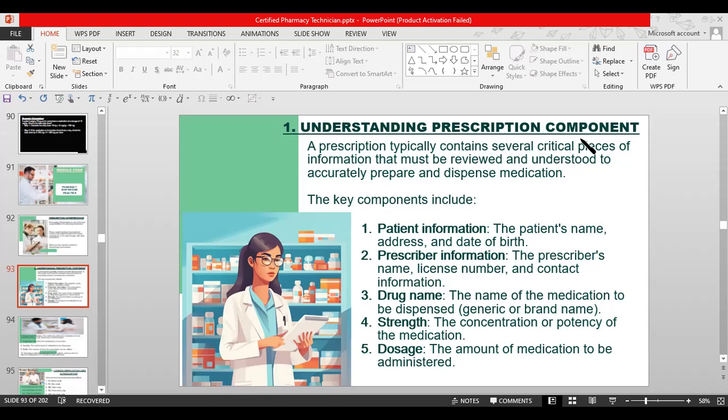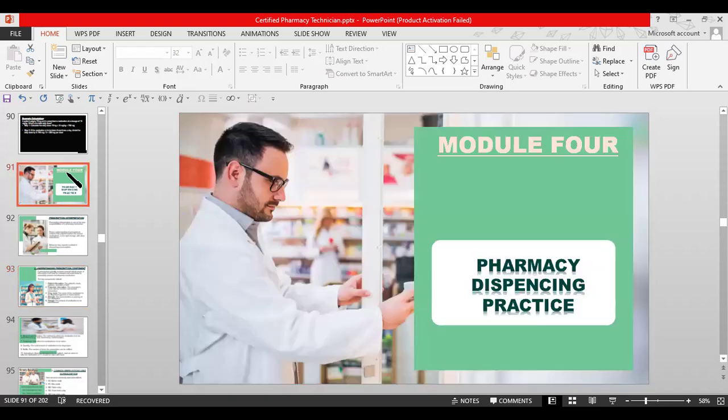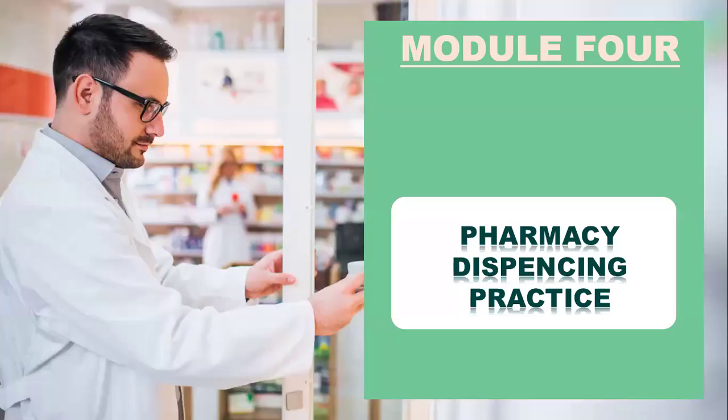Before you came, we were looking at, let me take it back to the module, pharmacy dispensing practice. We have finished talking about the first module, pharmacy calculations: how to calculate doses of drugs, how to ensure that we have the correct doses. Maybe if a person is supposed to be taking a particular tablet twice in a day, how to calculate it.